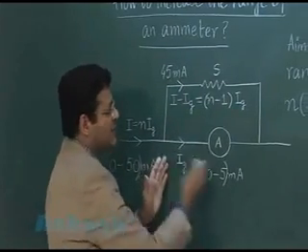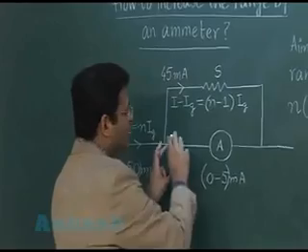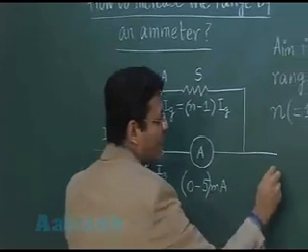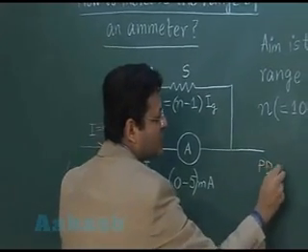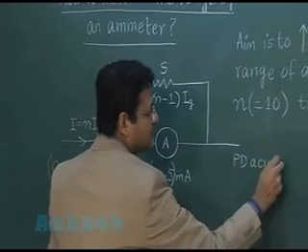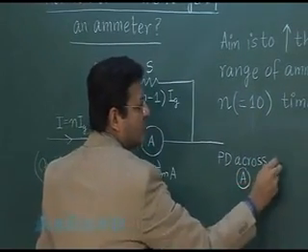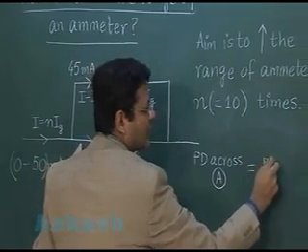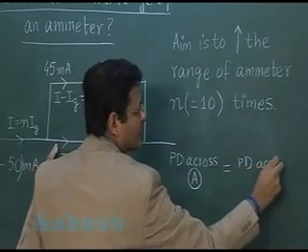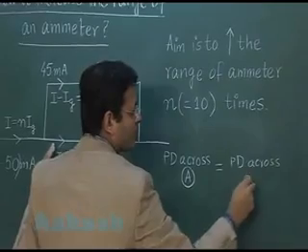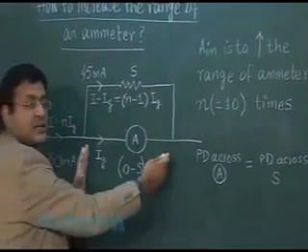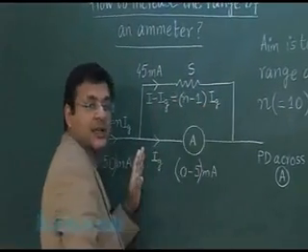Try to tell me what is the potential drop here. Potential drop across ammeter is equal to potential drop across S. Whatever is the potential drop here, same is the potential drop across S.